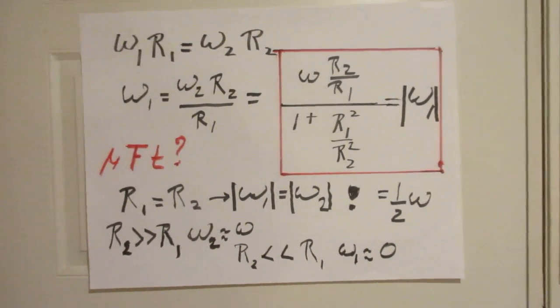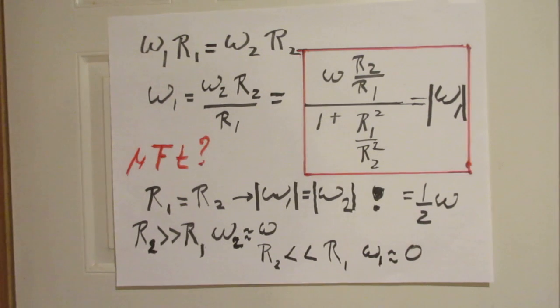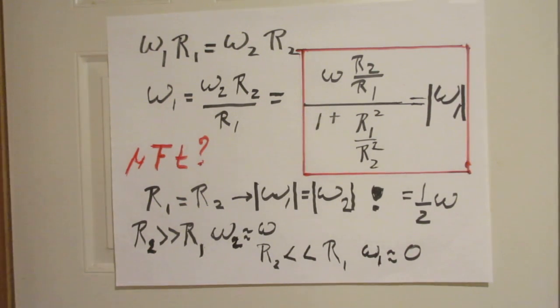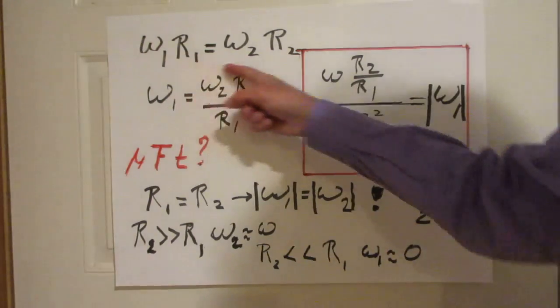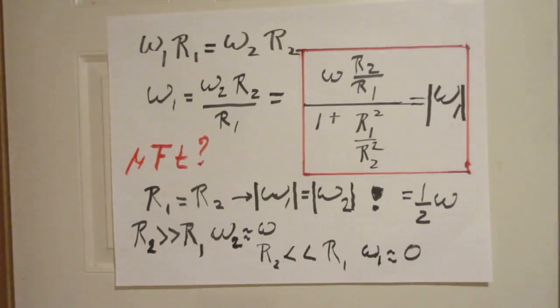It's nice to do some consistency checks. We always do that in physics. If R1 were R2, it should be immediately obvious to all of you, I wouldn't have to explain that the magnitude of omega 1 must then be omega 2, for the simple reason that that's the equilibrium state.